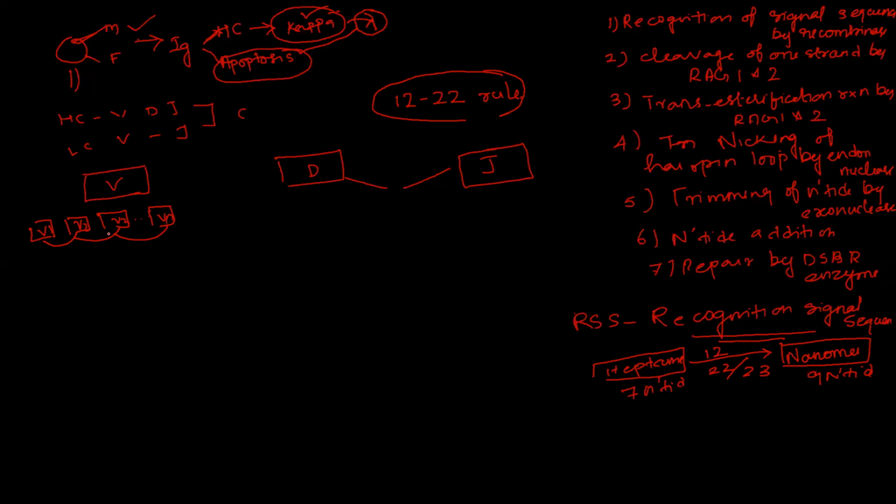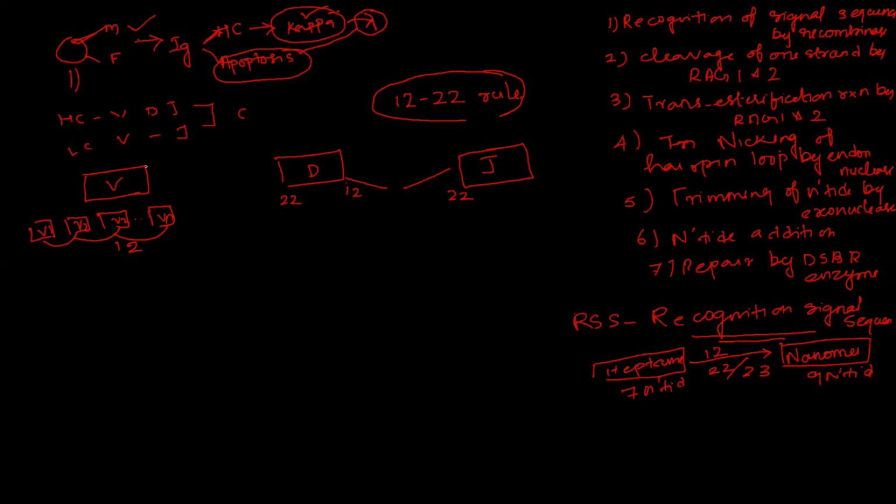That is, if this variable region has 12 nucleotides, then the diversity side should have 22 at one side, okay, and if it needs to join with J, it should have 12 here, and this side should be 22.